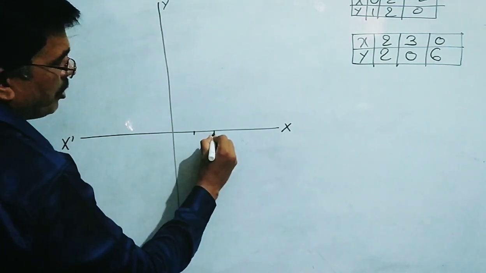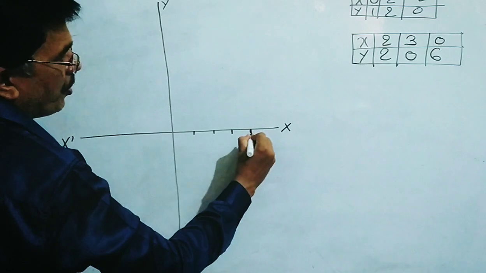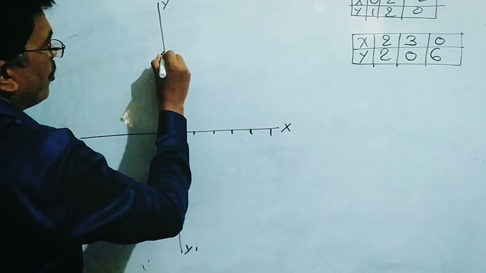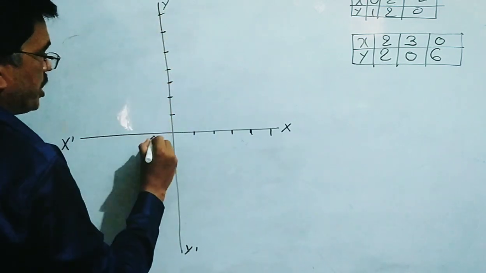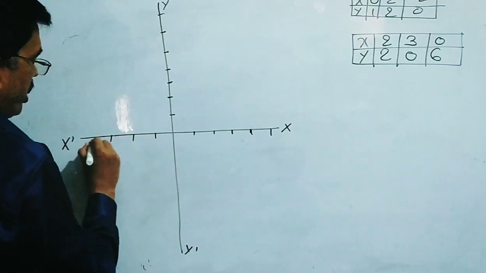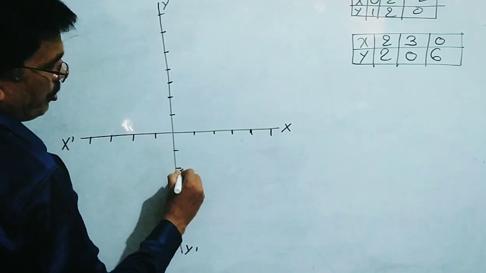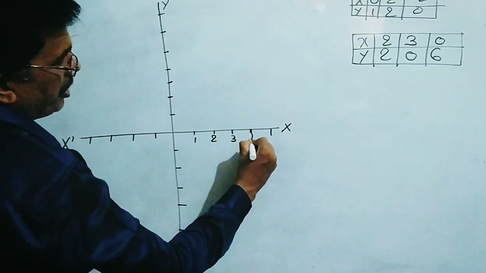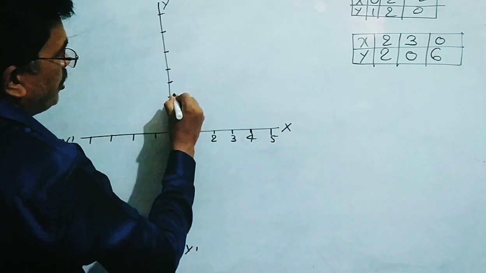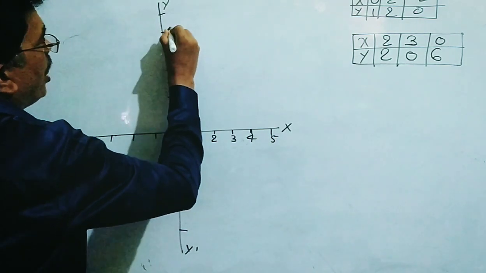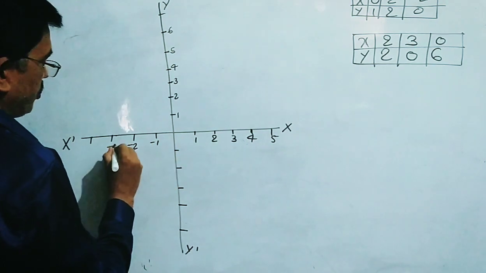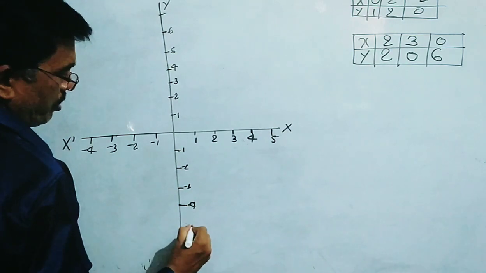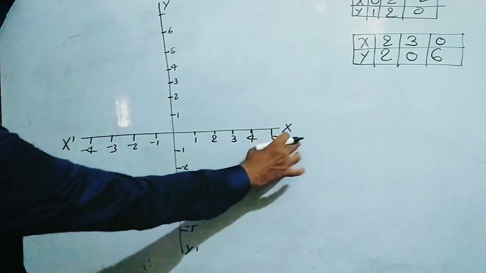Mark the units on the axes: 1, 2, 3, 4, 5 and so on, and on the negative side minus 1, minus 2, minus 3, minus 4, minus 5. So you draw two axes, x dash and y dash.